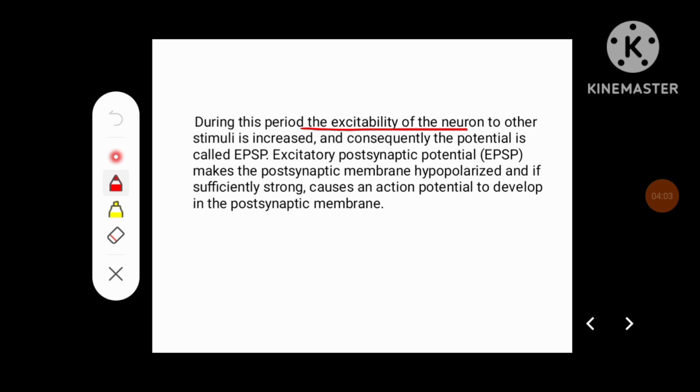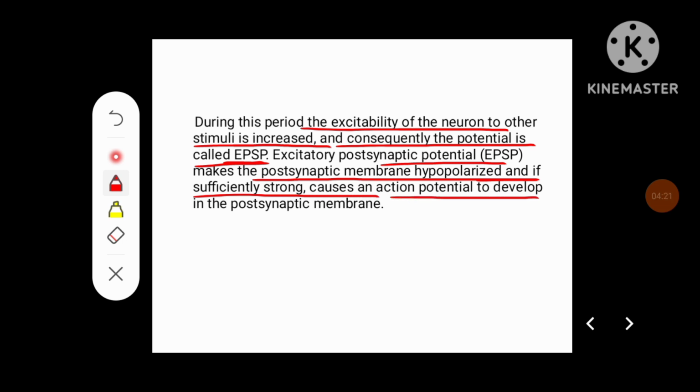During this period, the excitability of the neuron to other stimuli is increased, and consequently the potential is called EPSP. The excitatory postsynaptic potential makes the postsynaptic membrane depolarized, and if sufficiently strong, it causes an action potential to develop in the postsynaptic membrane.